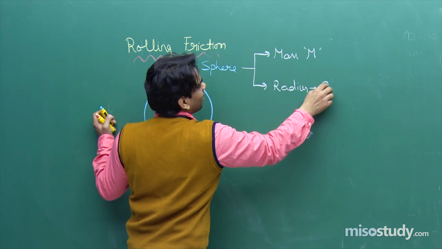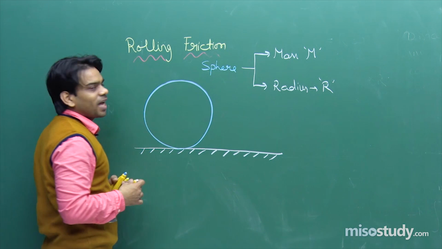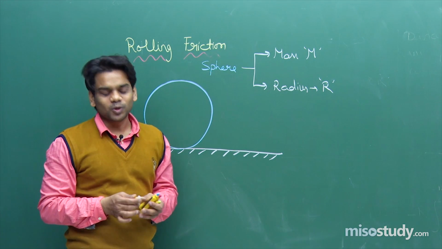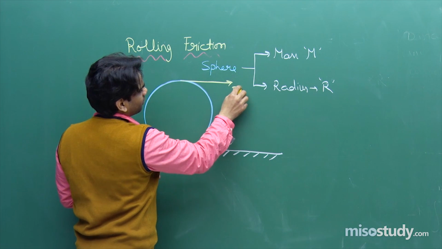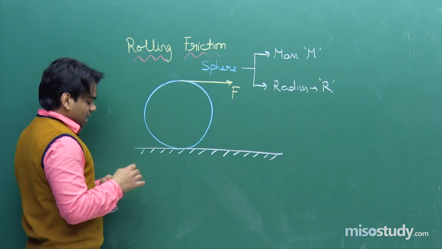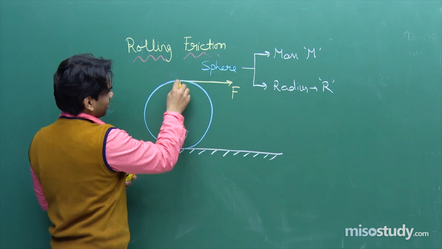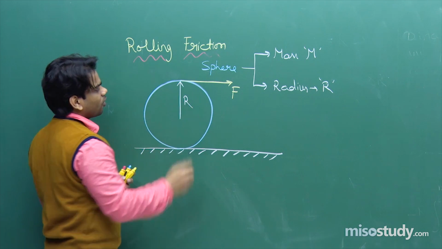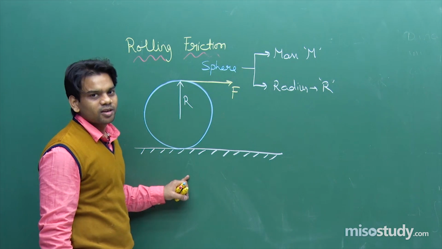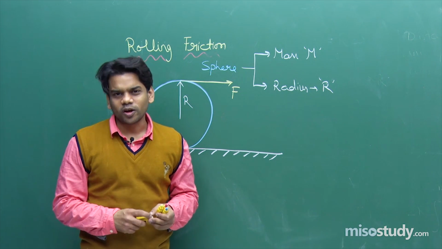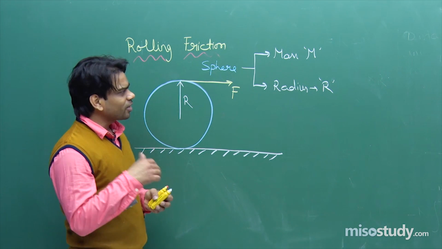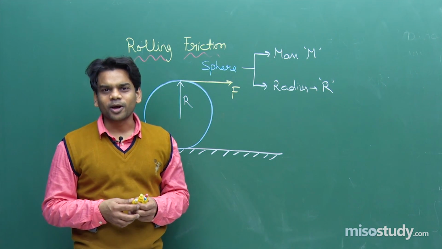Suppose we apply a force F tangentially on the topmost point. Its mass is m, its radius is r. Whenever it's given that it's only a sphere, that means you have to take the solid sphere case. So one thing you can make out: its moment of inertia will be 2/5 mr squared.